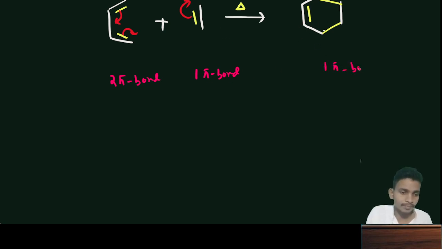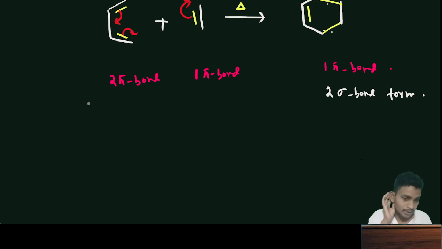And how many here? One pi bond. Now these two pi bonds become sigma bonds here. Previously it was a pi bond, now it becomes a sigma bond. It means two sigma bonds form. So this pi bond forms this sigma bond, and this pi bond again forms this sigma bond.